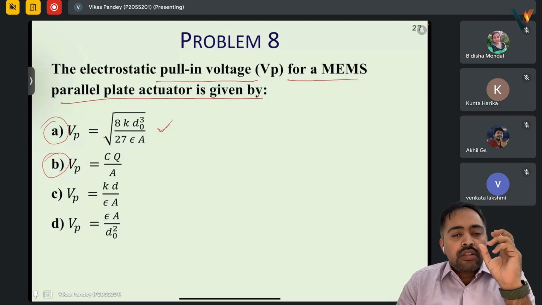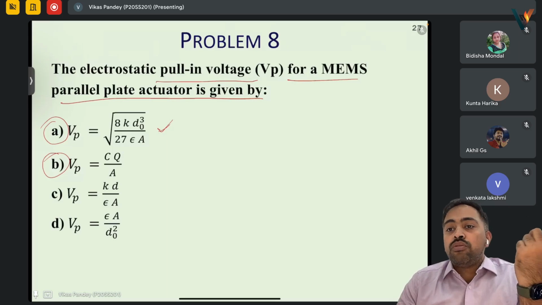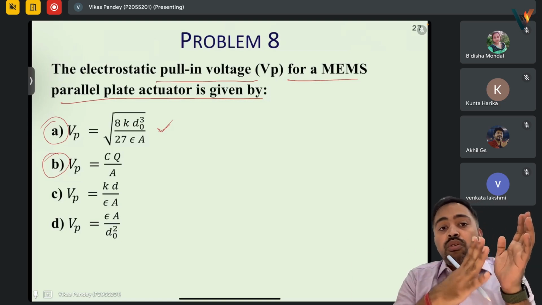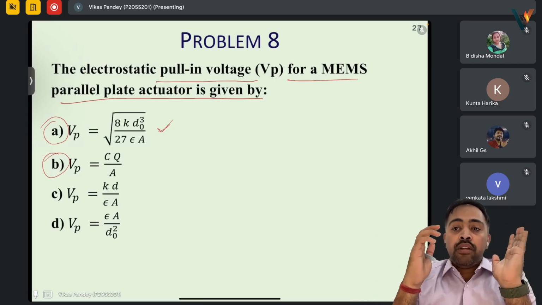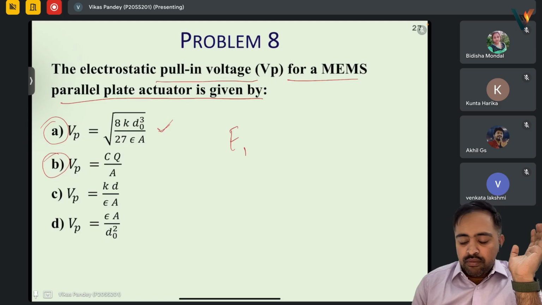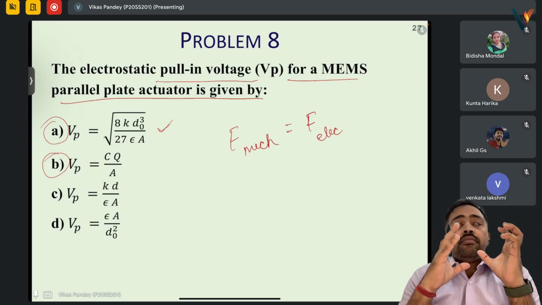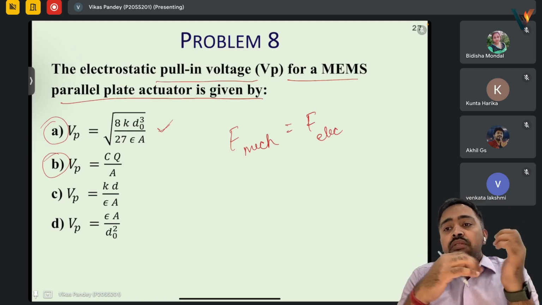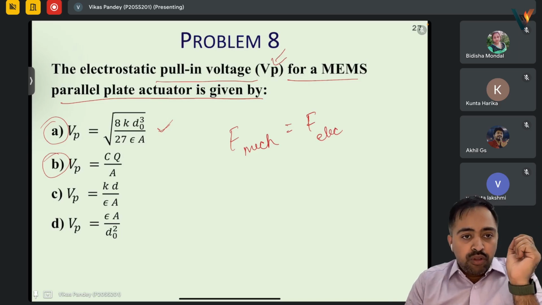So this voltage will depend on the mechanical restoring force also. How much the mechanical strength or mechanical restoring force is will also determine the pull-in voltage, because they have to be equal. We saw that F mechanical must be equal to F electrical for having this equilibrium, and this equilibrium is achieved by applying the pull-in voltage.